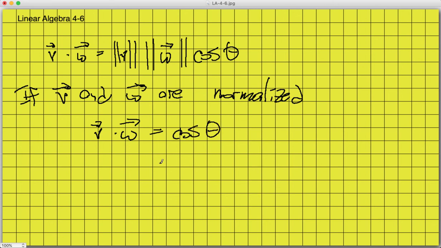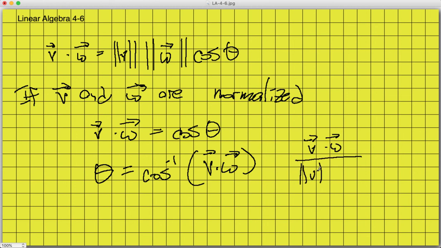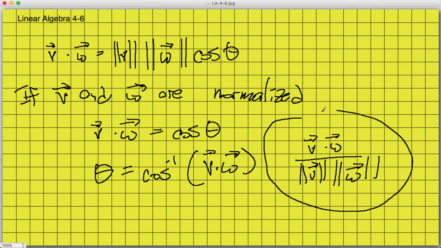Now another thing, and this is where we're going with this, this is what we're going to be doing a lot of once we start doing some real information retrieval here. We get from this that theta is equal to cosine inverse of V dot W. Or if they're not normalized, it is going to be V dot W over the magnitude of V times the magnitude of W. We're going to be looking at this quantity a lot.